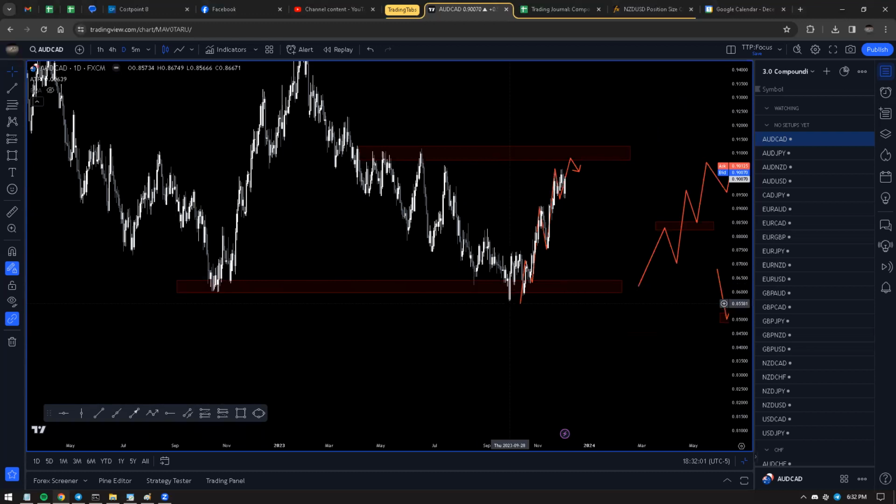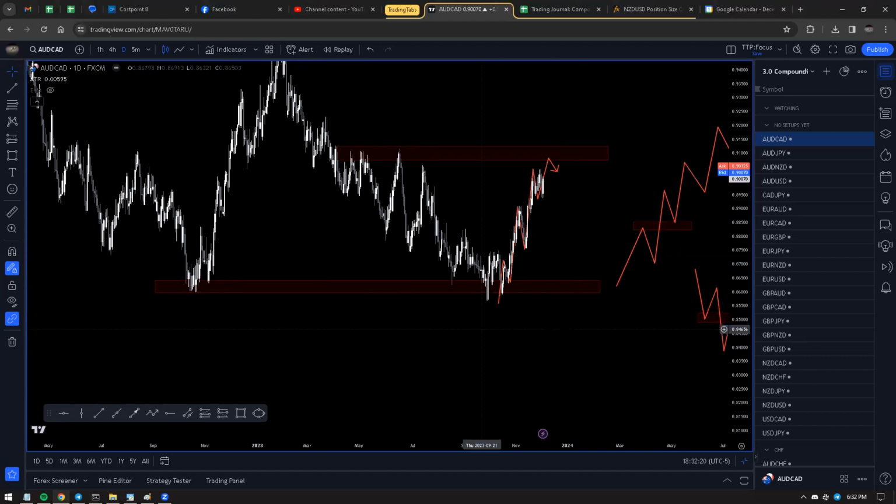Sometimes it made it beyond the support area. Doesn't matter. It's just a general area that you're going to be able to look at and go, yeah, I expect price in this area to react in a positive and a buying type manner. And that's what I'm looking to capture and get into. So those are the two things that you're looking at, keeping in the back of your mind.